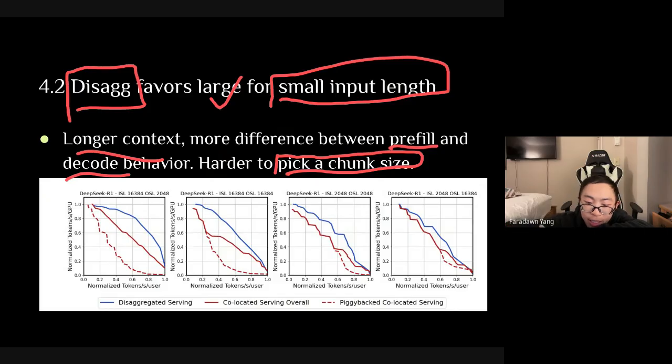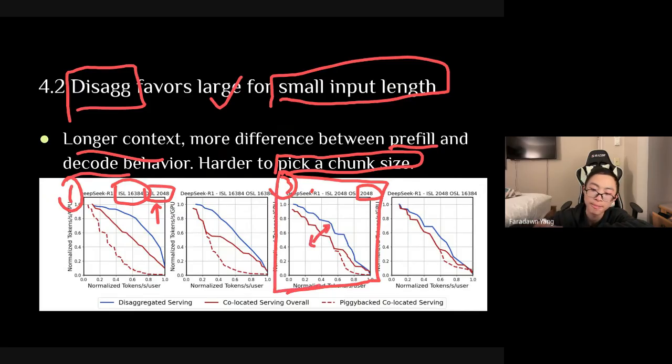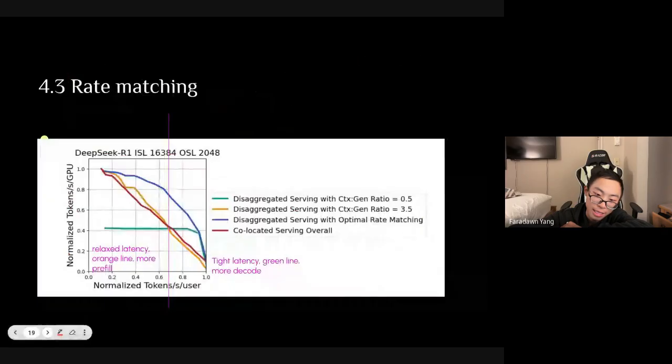So if we fix the output sequence of 2048, and only look at figures 1 and 3, you can observe clearly that when the input is large, the blue line of disaggregated serving is much higher than the co-located serving. When the sequence length is small, the improvement isn't very huge.